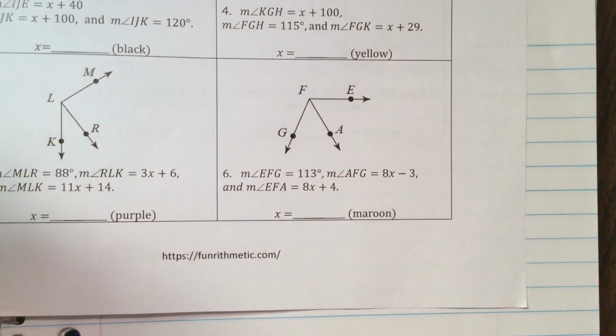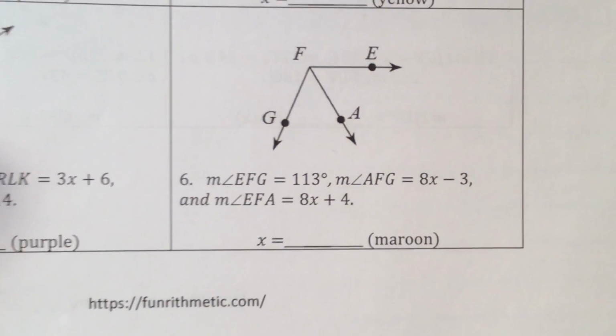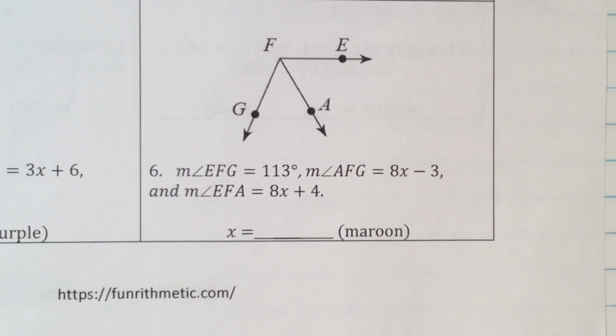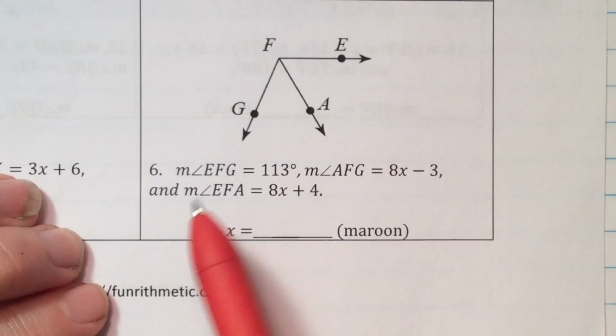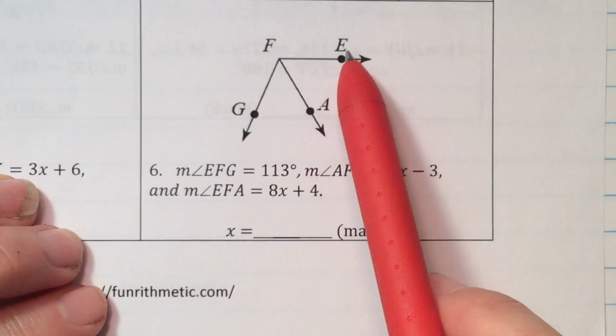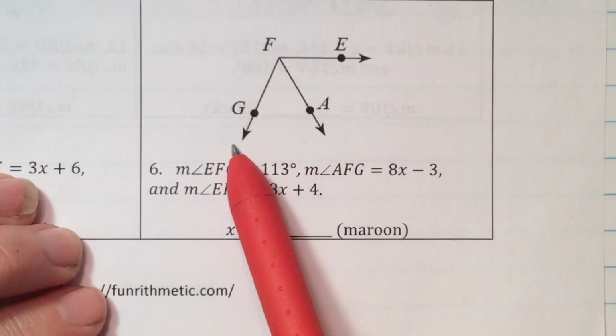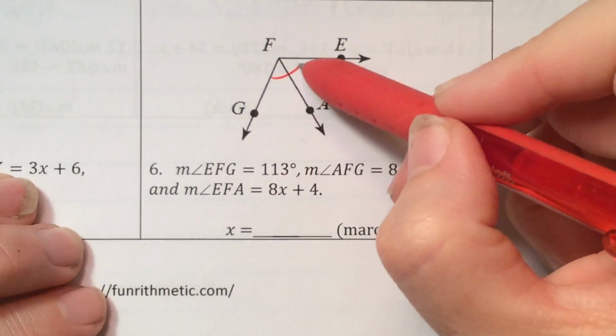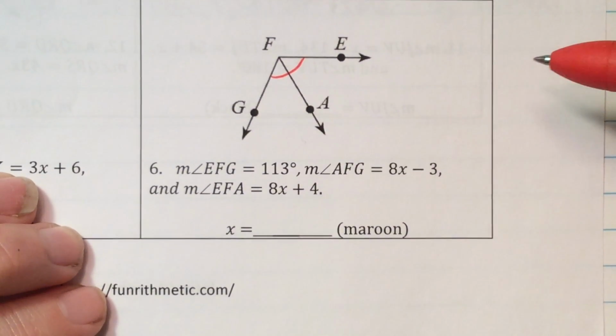So I'm going to show you on the screen here. This is what it looks like. Again, let's read what it says. It says the measure of angle EFG. So EFG, that's the big one. So the big angle is 113 degrees.